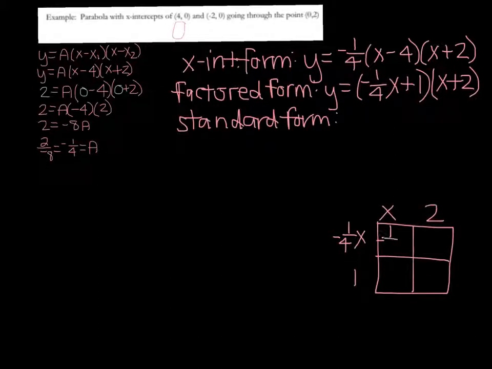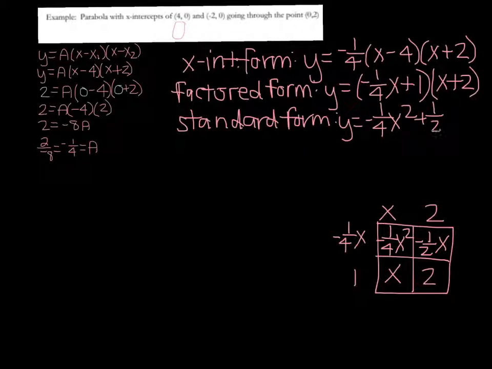So here I have negative 1/4 x squared. 2 times negative 1/4 x is going to be a negative 1/2 x. x times 1 is just x, and then 1 times 2 is 2. So I'm going to get y is equal to negative 1/4 x squared, x and then minus half an x is the same thing as a positive 1/2 x, plus 2.